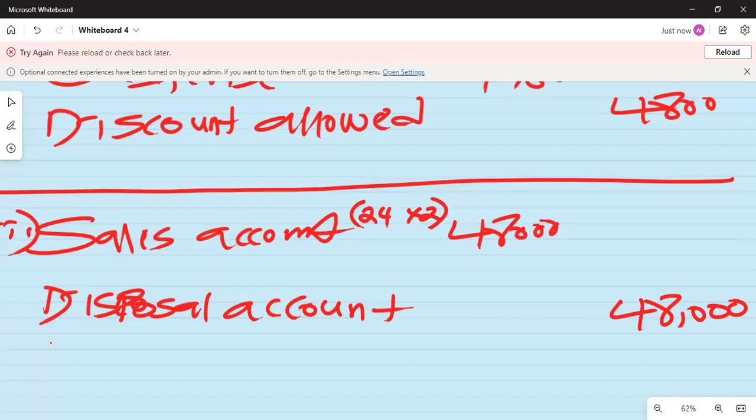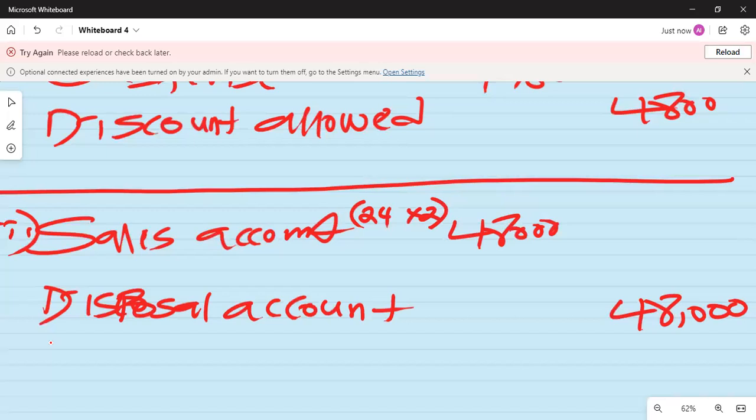And don't forget that we have 2 types of receipt, like I mentioned earlier. We have what we call capital receipt, and we also have what we call revenue receipt. The proceeds that you receive from your normal operation, your normal activities, are what we call revenue receipt. But if you dispose of anything that is not part of your core business, like selling office equipment, which is not really part of your core business, any income that you generate, we call it capital receipt.